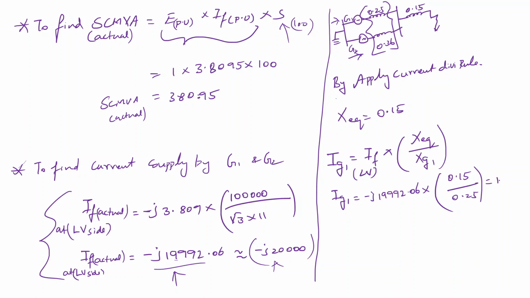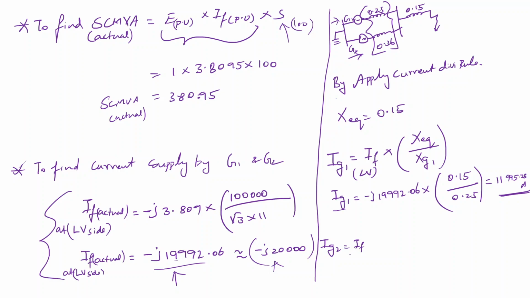Calculate it, it will come 11995.23 amp. So this is the current shared with Ig1.